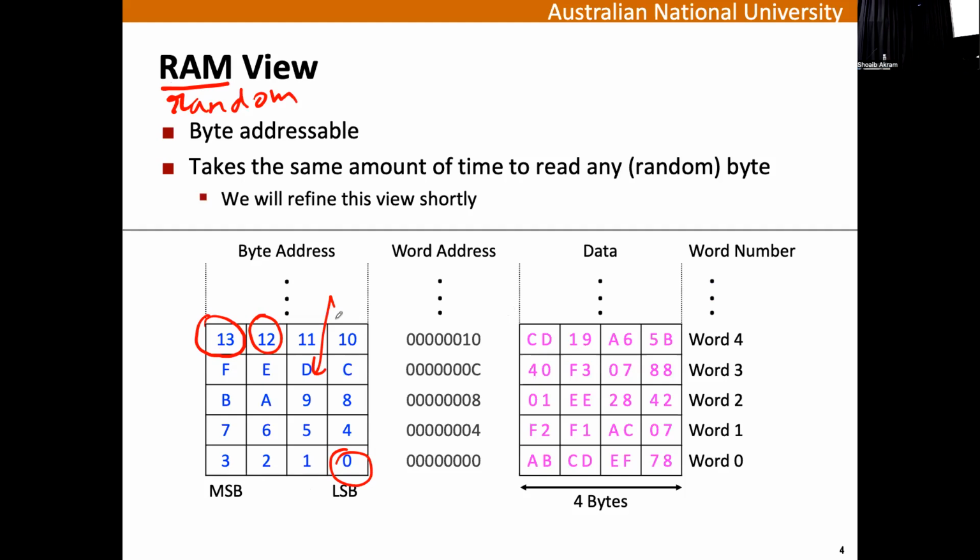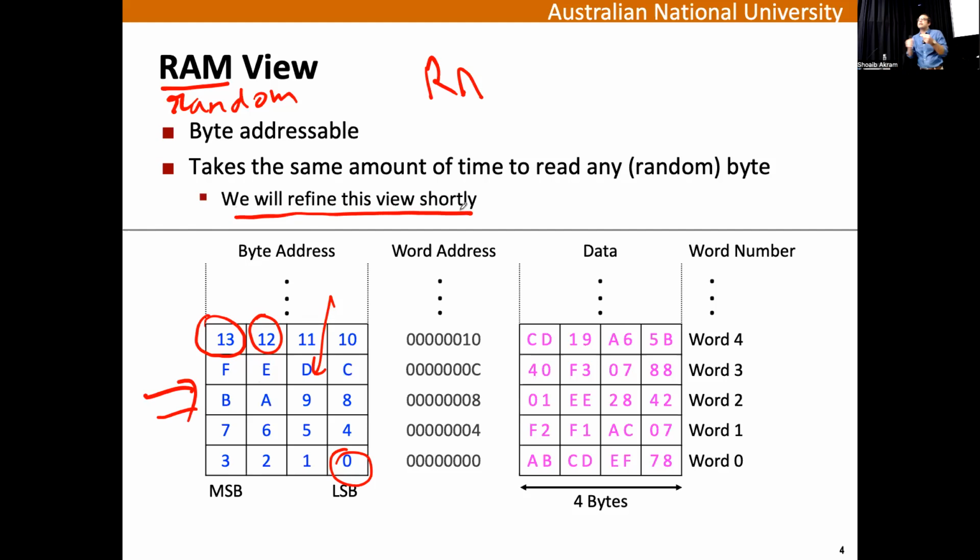We will see that the other devices, the input-output devices, storage devices, disk, don't have this quality. This is why we call it RAM. No matter where you go, you give it an address and it spits out a byte in the same amount of time, about 50 nanoseconds today for DRAM. And we will refine this view shortly.